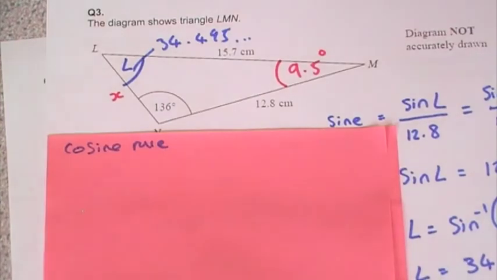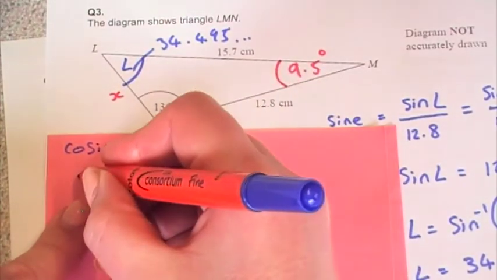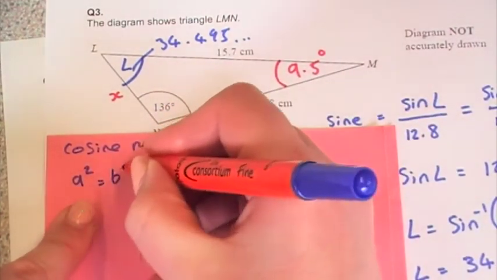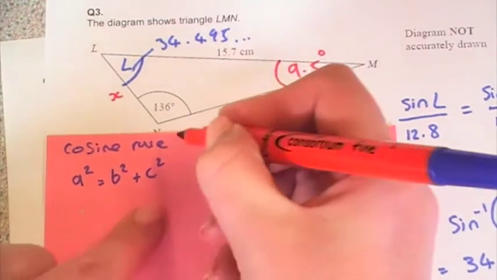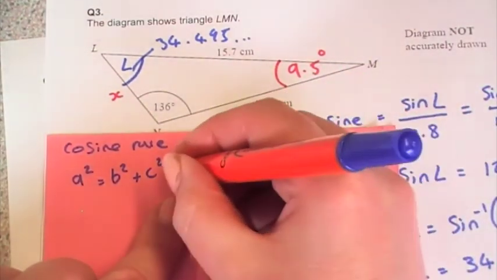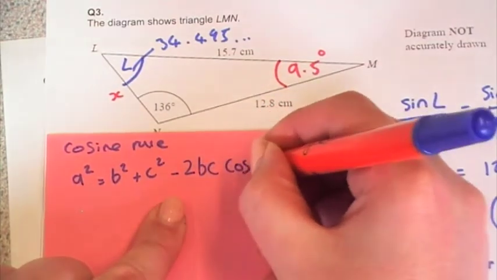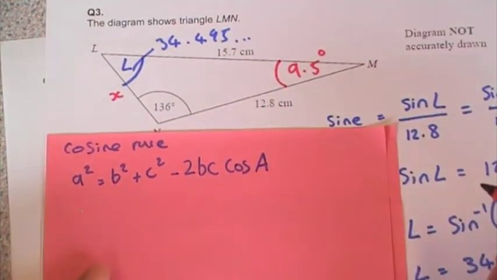So I'm going to start by copying out what the cosine rule is on the paper, even though I don't find it particularly helpful. A squared equals b squared plus c squared, like Pythagoras, minus 2bc cos a. Again, I don't care what a is, what b is, what c is.